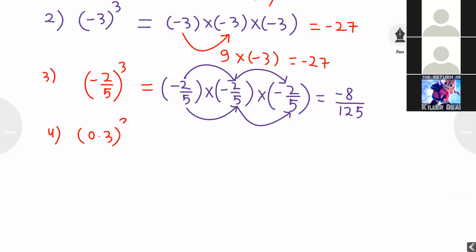Fifth, 0.4 cube. Find out the answer, everyone. Start solving, everyone.